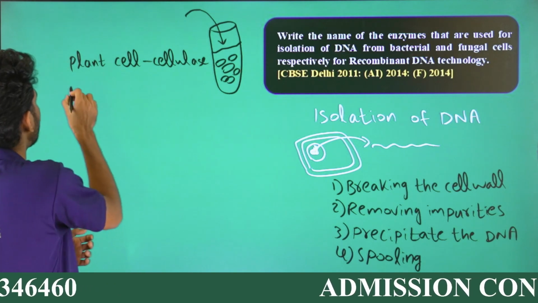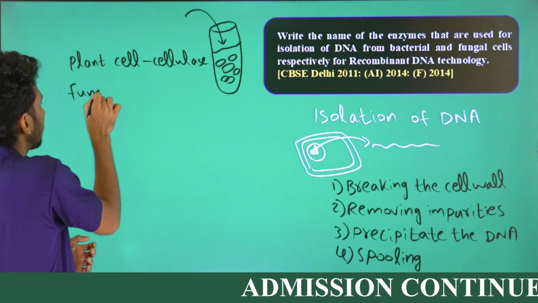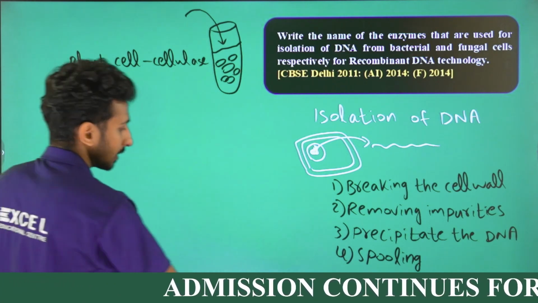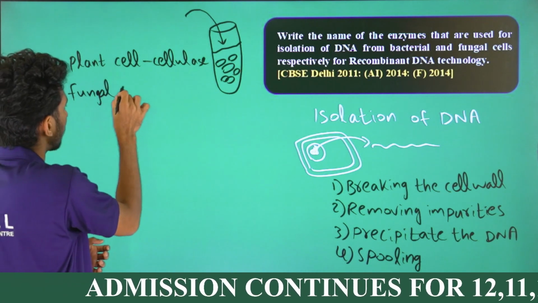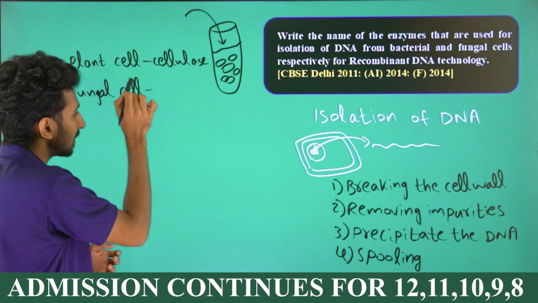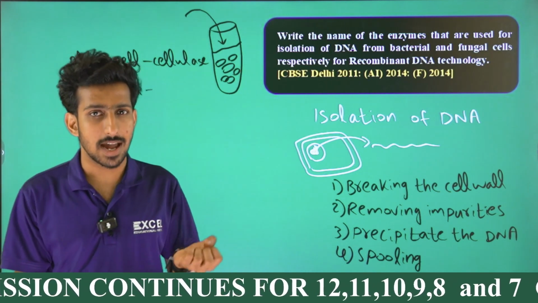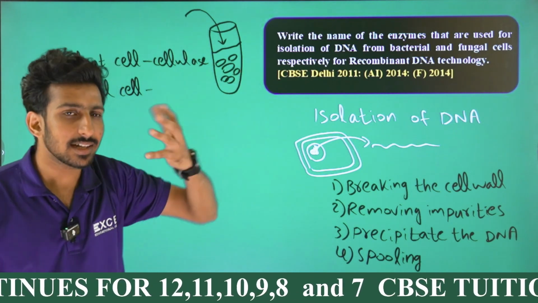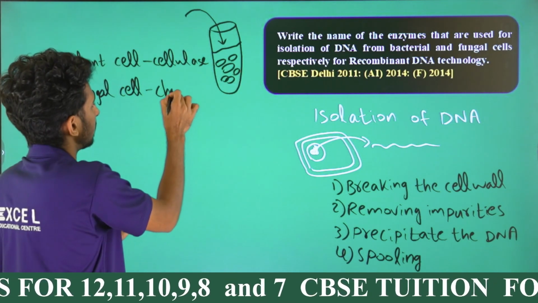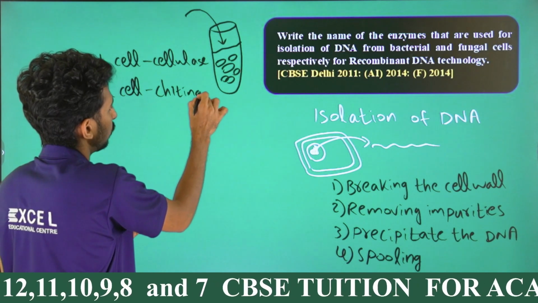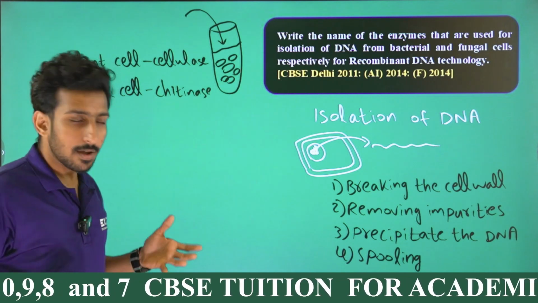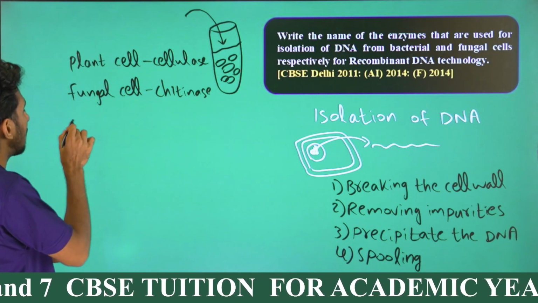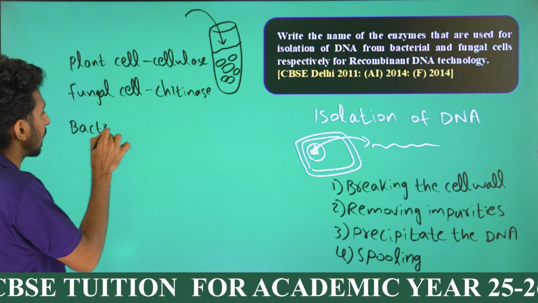But if we are taking a fungal cell, the cell wall of fungus is made up of chitin. So what should we add to break the cell wall of fungus? Chitinase, to break the chitin.